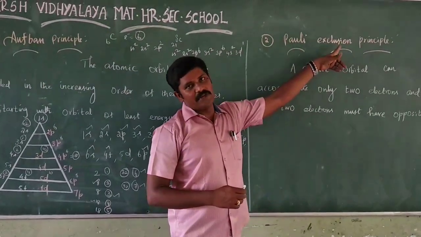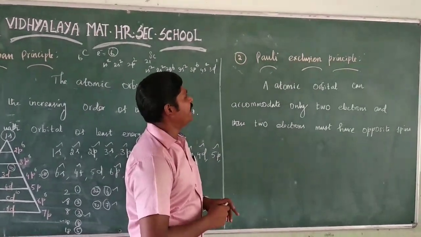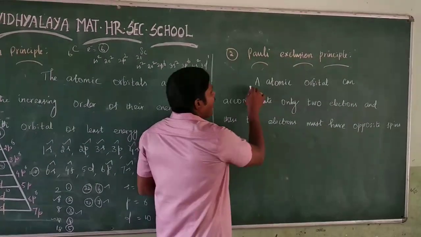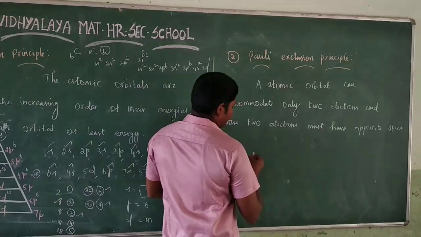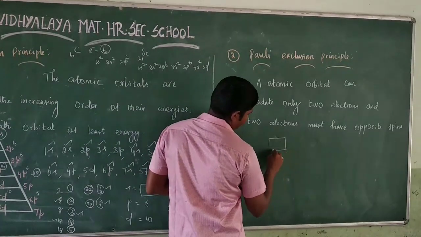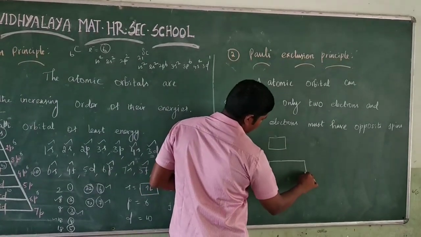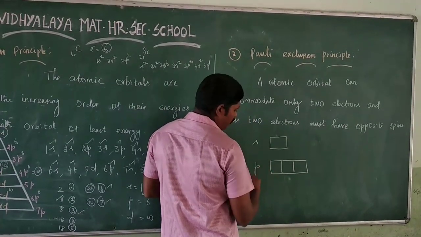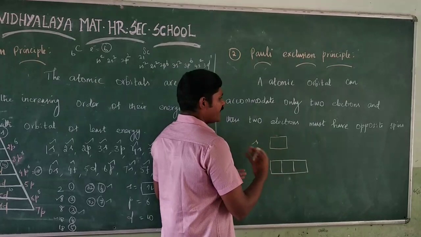The next principle, the Pauli exclusion principle. Atomic orbitals: s orbital, p orbital, d or f orbital, any orbitals.